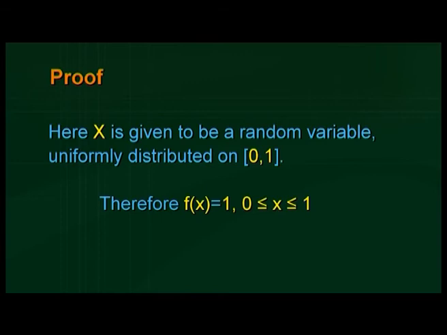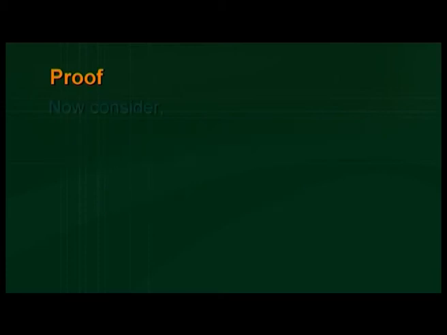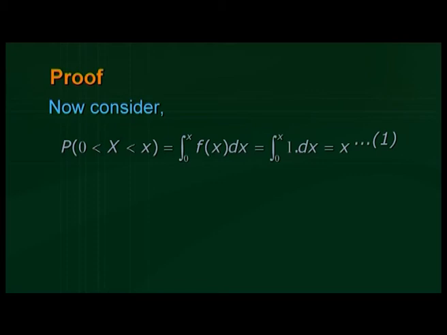Here, x is given to be a random variable uniformly distributed on 0 and 1. Therefore, f(x) = 1, 0 ≤ x ≤ 1. Now consider probability of 0 < X ≤ x, which is the integral from 0 to x of f(x) dx, which is the integral from 0 to x of 1 dx, which is x.